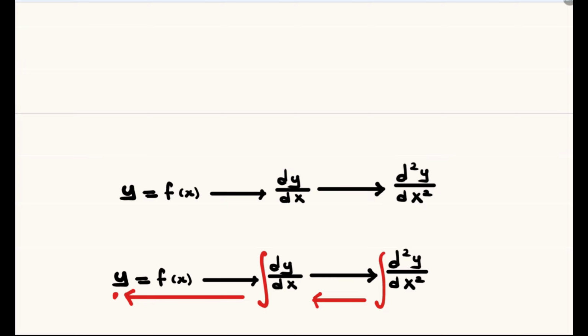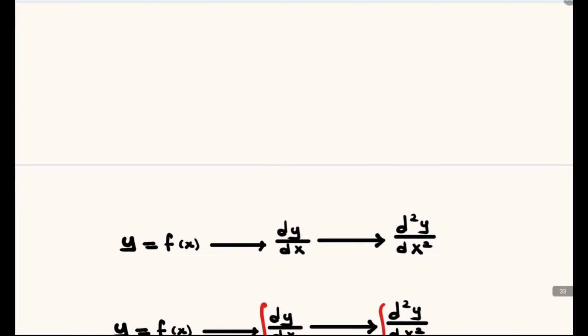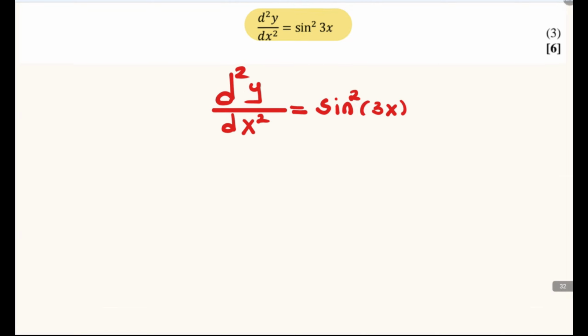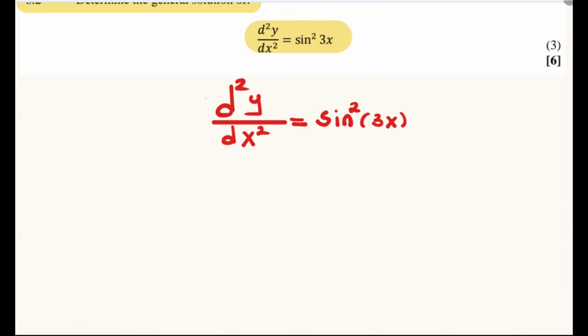So we are going to integrate our second order differential equation twice. We introduce the integral on both sides of the equation, and the integral of d squared y over dx squared will be dy divided by dx, equal to the integral of sine squared 3x.